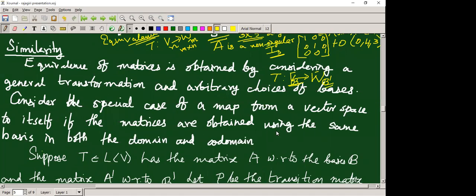The basic difference between equivalence and similarity is that for discussing similarity, T should be from V to V, and the same basis is taken in both the domain and codomain. That is the special case of a map from a vector space to itself, if the matrices are obtained using the same basis in both the domain and codomain.